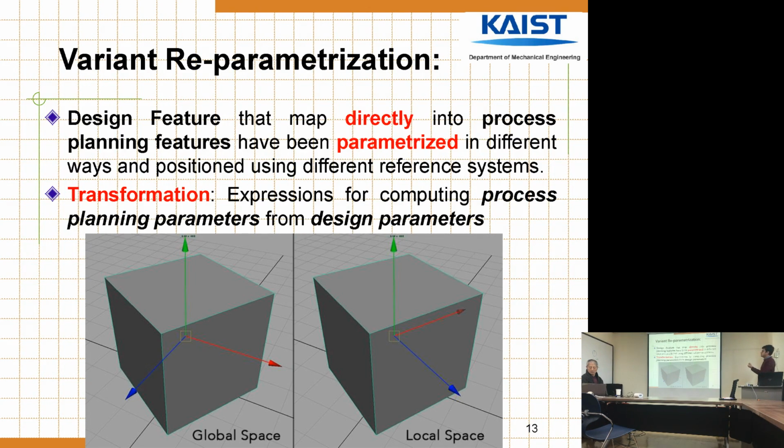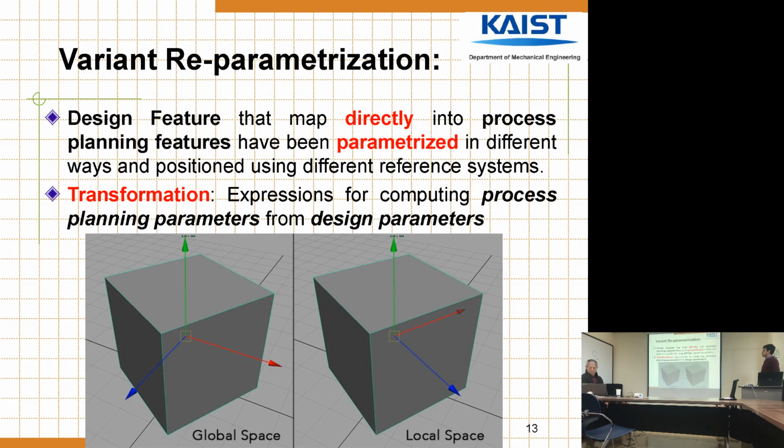One example he used is that the reference system can be either a local reference system or a global reference system. So design features that map directly into process planning features have been parameterized in different ways and positioned using different reference systems. So the values are changed in magnitude, and the reference system can be the same, but they have the ability to directly map with the process.